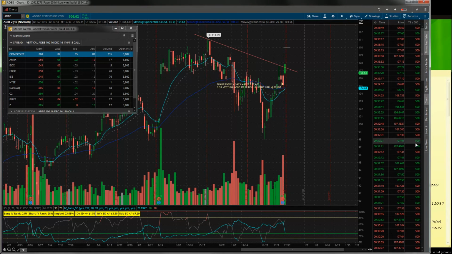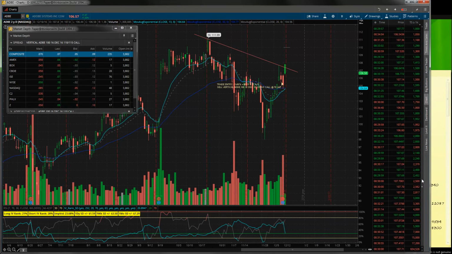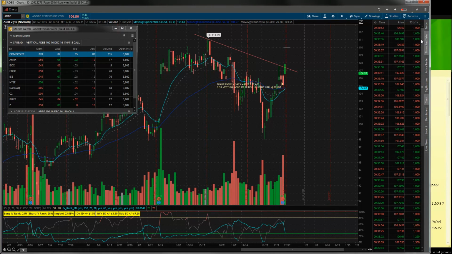Lots of 500 orders coming through. Somebody is just cleaning out. IV's down to 54%. Now the expected move is $1.58. So I'd say that trend line would hold.